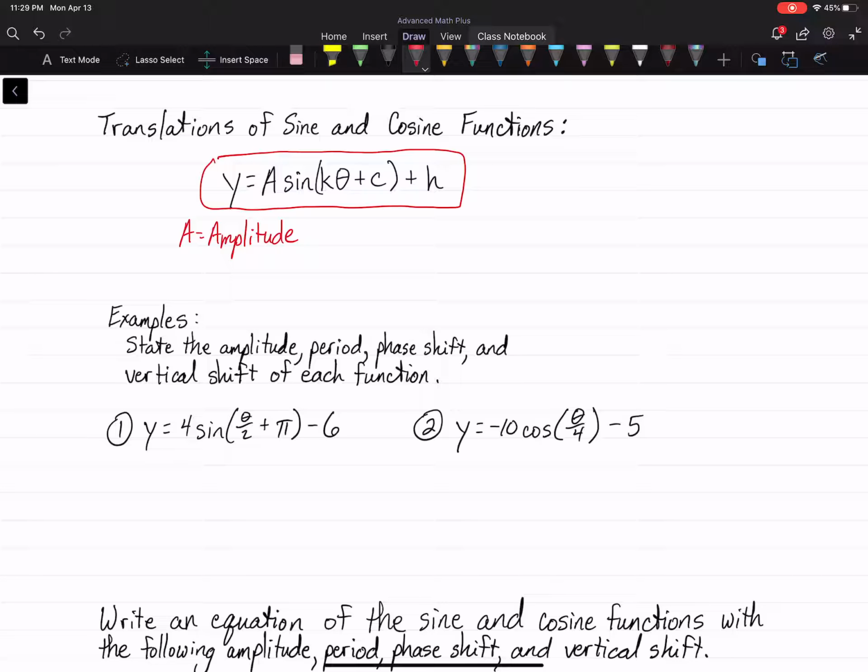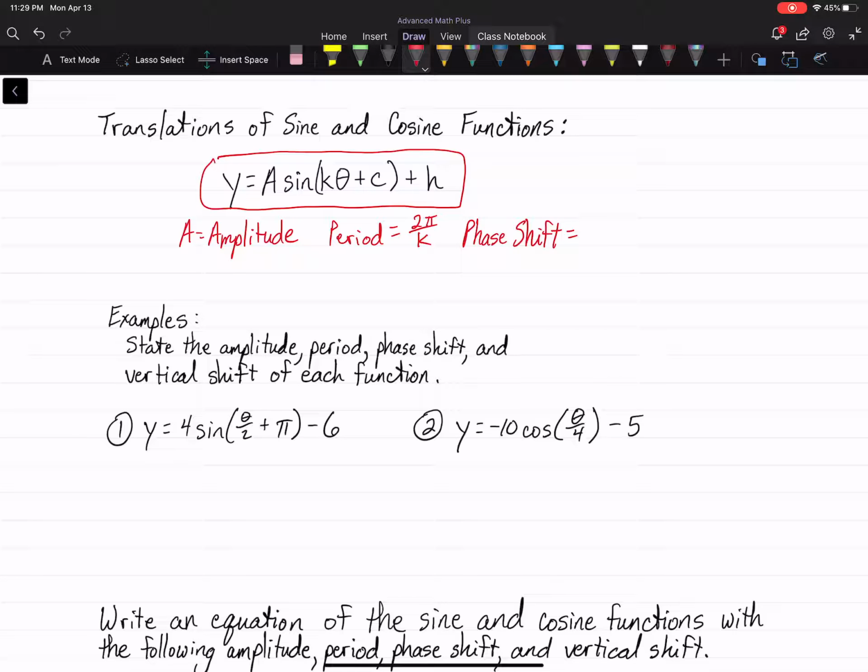Each function has a period, and the period is found by saying 2 pi divided by k. The period is one complete wavelength. There's also something called the phase shift. The phase shift is basically how far the graph moves left and right.